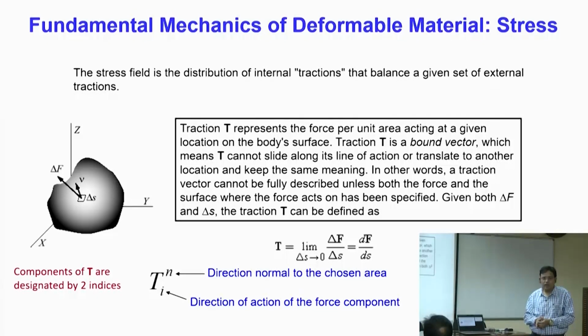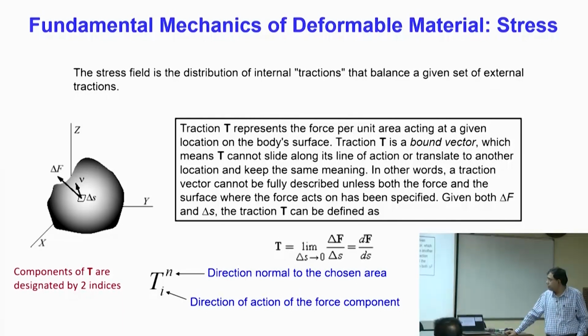In that way a vector will need one index for its description. But here you see that not just that index I, but we also use a superscript n. What is this? This is the normal to the area ds.